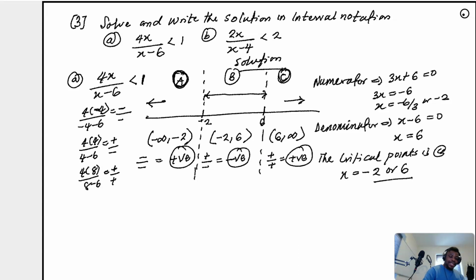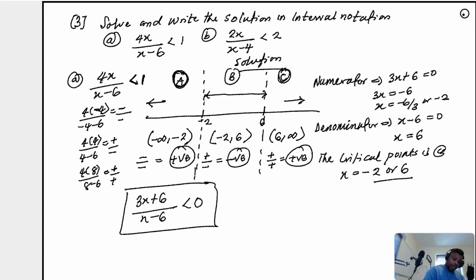Now, the next thing is to check our inequality, to pick our interval of interest. Our inequality says less than. What did we get? We got 3x plus 6 over x minus 6 less than 0. This is what we simplified.